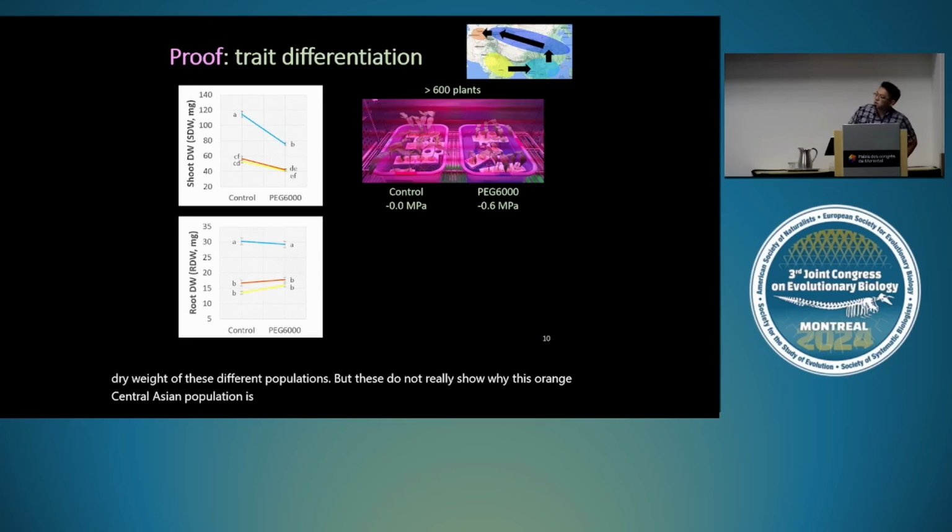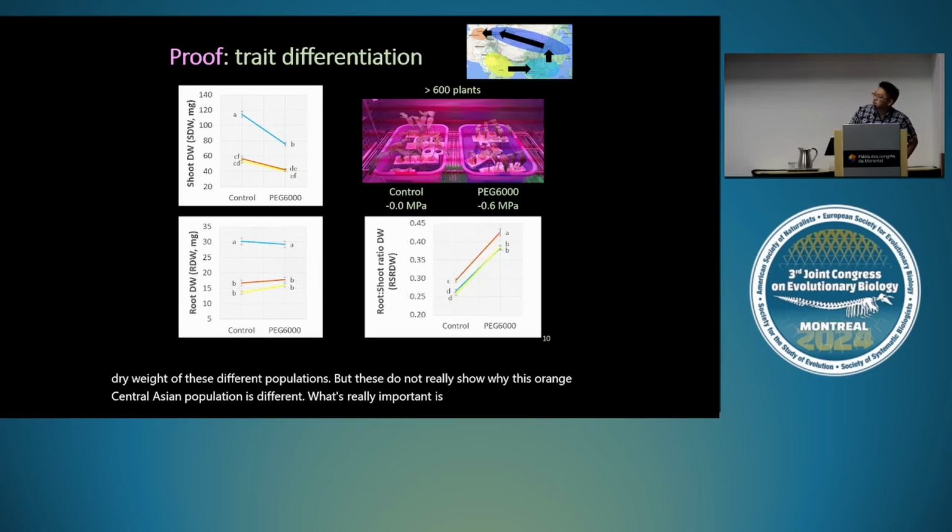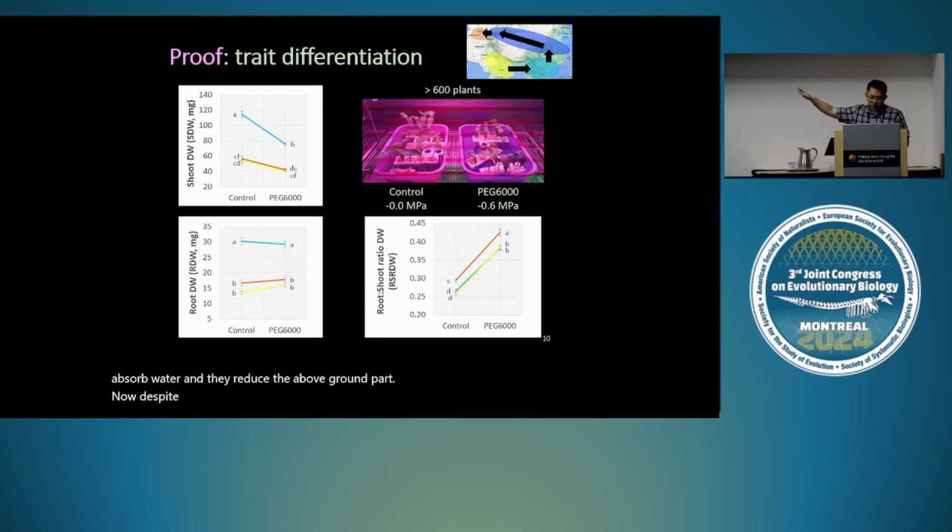What's really important is this trait, the root-shoot ratio. You can see that when these plants were grown under drought, on the right, they have an enriched root-shoot ratio: they grow a lot of roots, trying to absorb water, and they reduce the above-ground part. Despite that, the orange population almost always still has a higher root-shoot ratio than the two other populations.